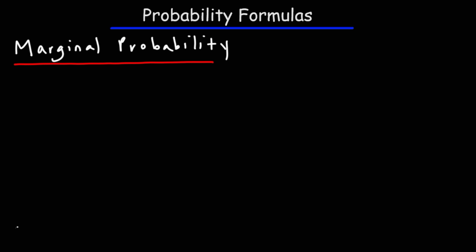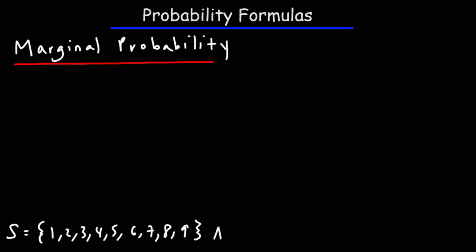So let's say our sample space contains the numbers 1 all the way to 9. So all the whole numbers between 1 and 9. And let's say event A represents getting the outcomes 1, 2, 3, and 4.